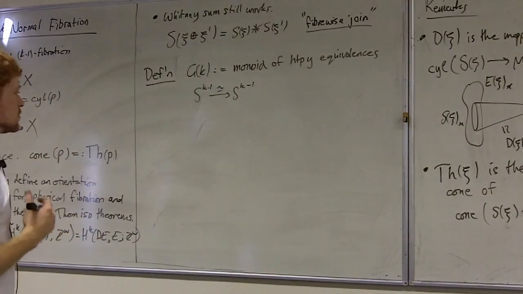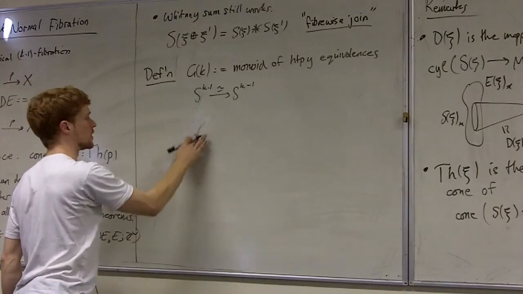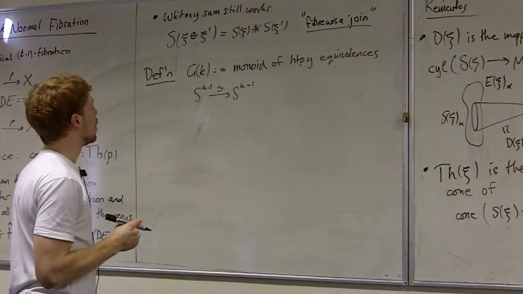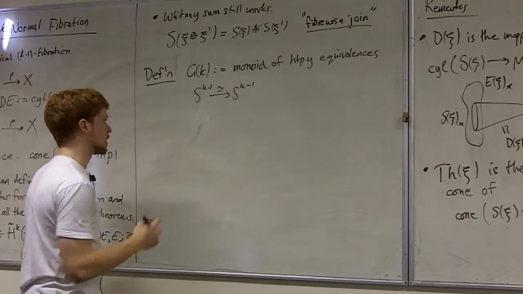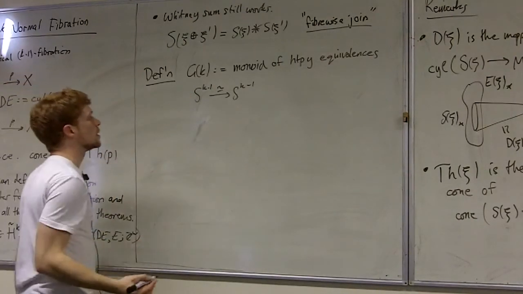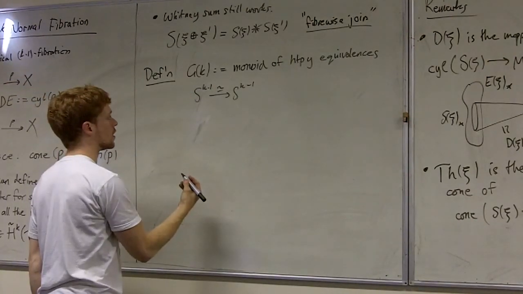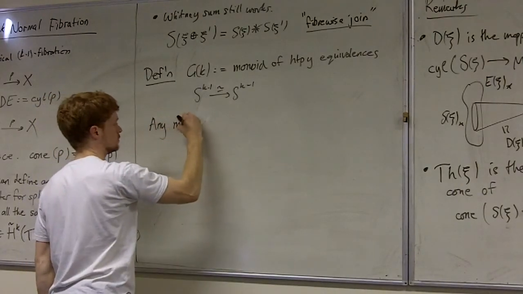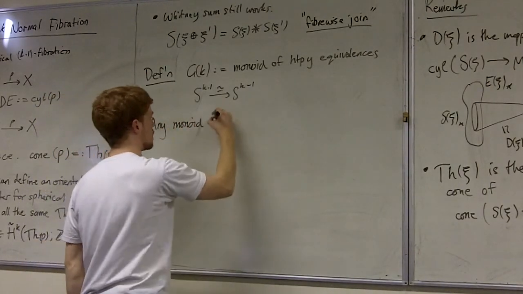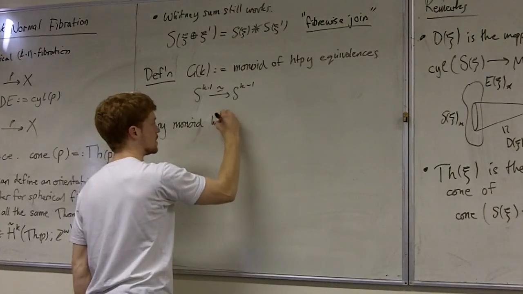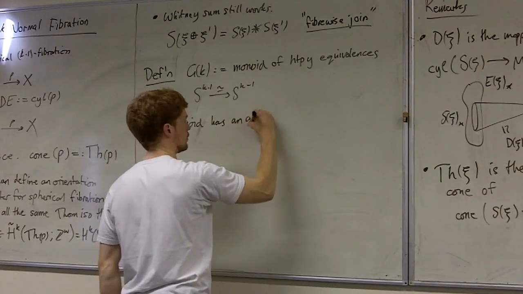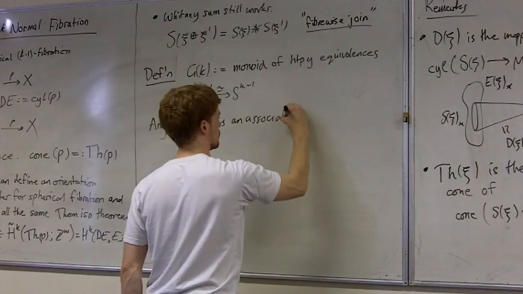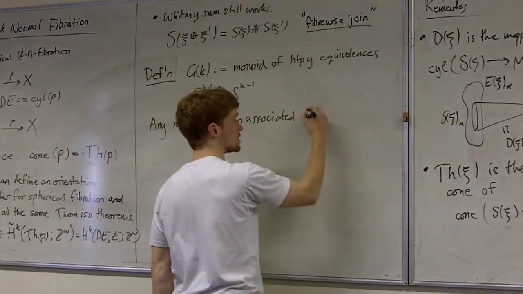It turns out that this is the correct thing to look at for the classifying space of spherical (k-1)-fibrations. So any monoid has an associated classifying space.